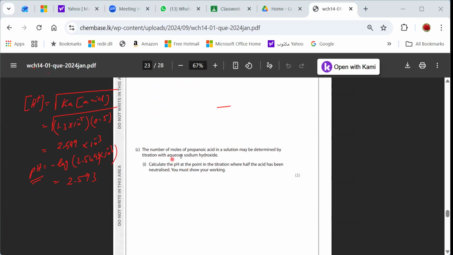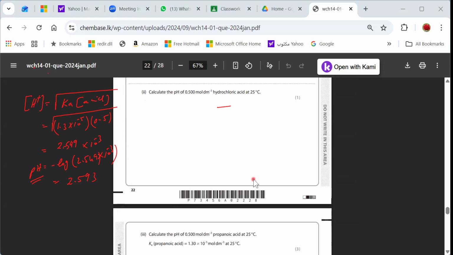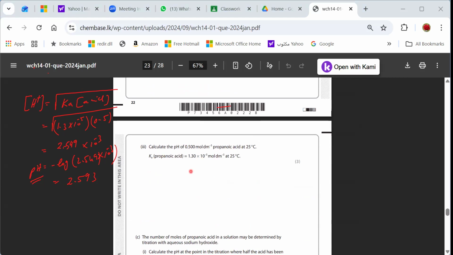They gave us the Ka of propanoic acid. So at half the equivalence point, we said that the pH is equal to the pKa.